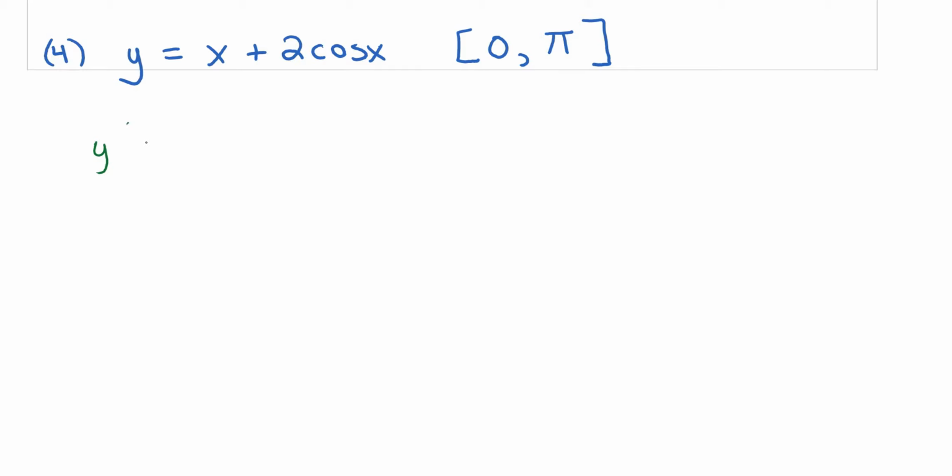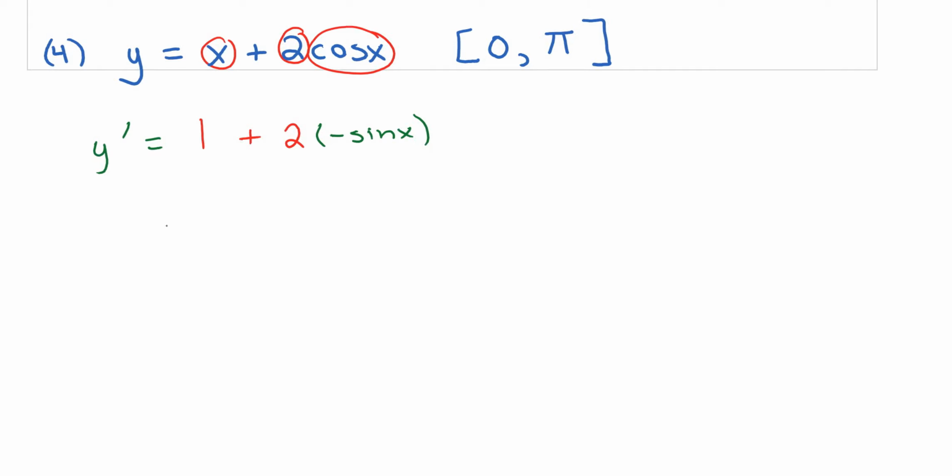I would start off by doing y prime. And the derivative of x is 1 plus, this is a constant, so the constant remains. And the derivative of cos x is going to be sine x. Sorry, it's not sine x, it's negative sine x. So let me just write that down as negative sine x.